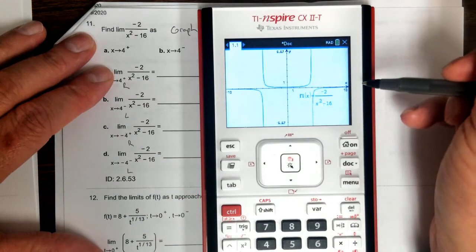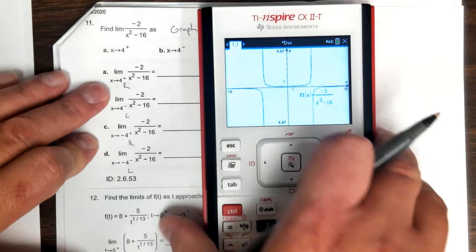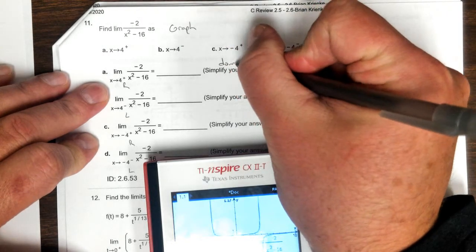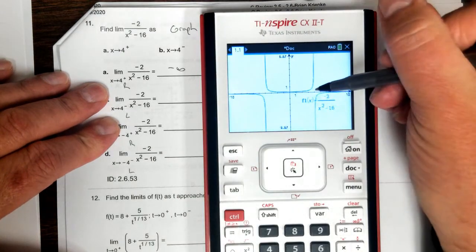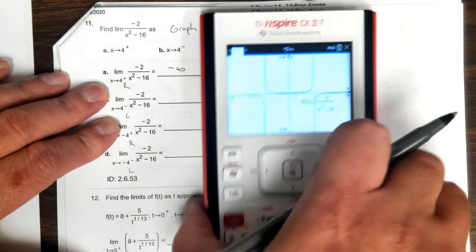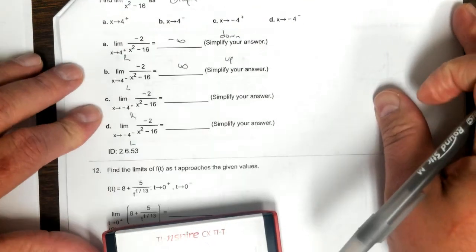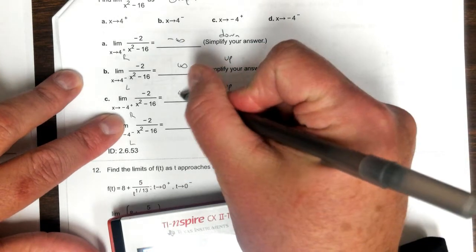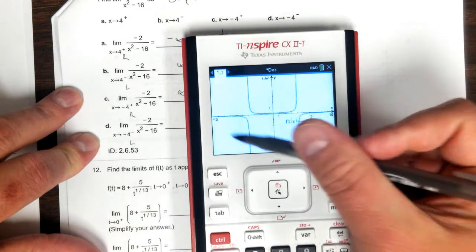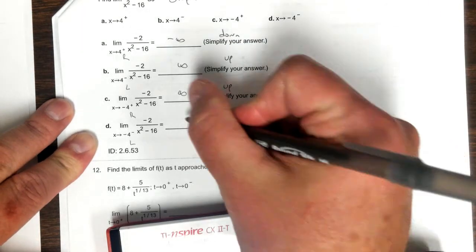For positive 4 from the right, it's down, so that'd be negative infinity. Positive 4 from the left is up, so that's positive infinity. Negative 4 from the right is up, so that's positive infinity. And negative 4 from the left is down, so that's negative infinity.